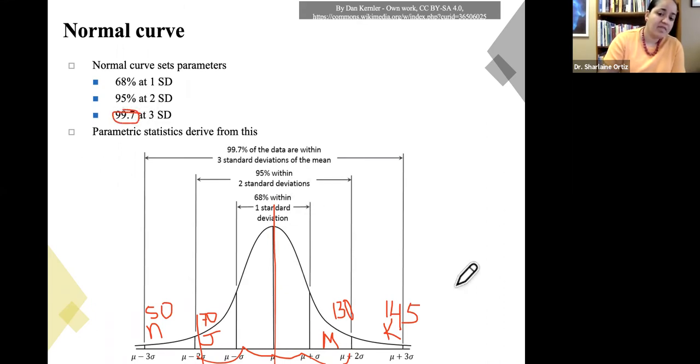They're falling in that very rare, very small amount of data. So this is what we will call very below average or very above average, because we're falling 3 standard deviations from this average or mean here.